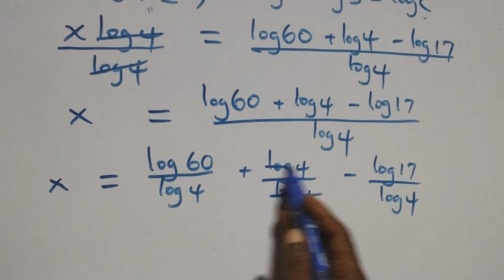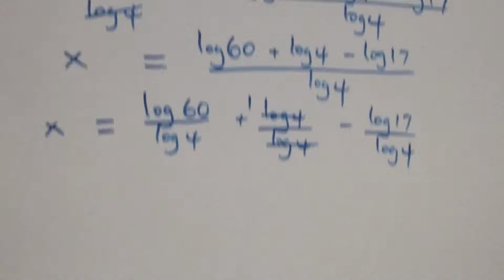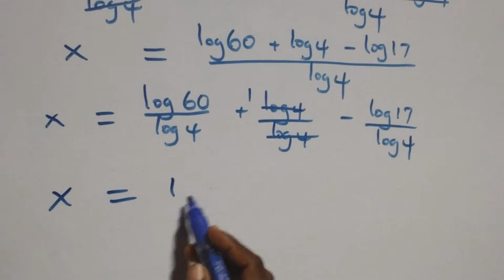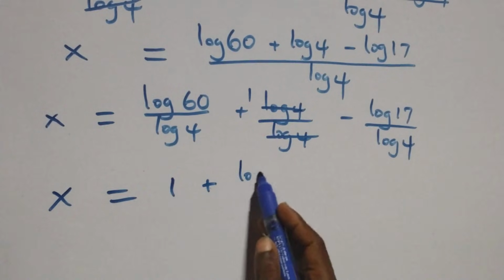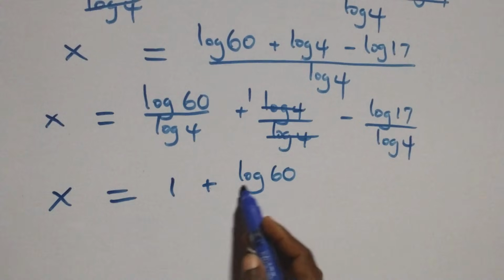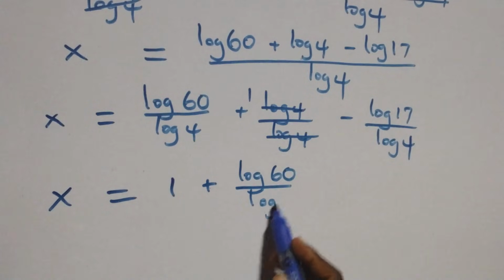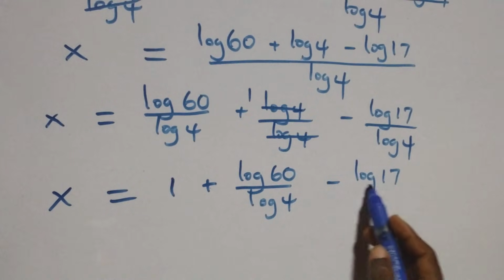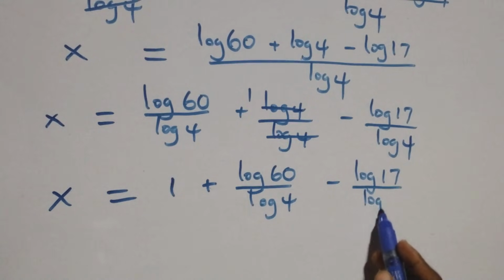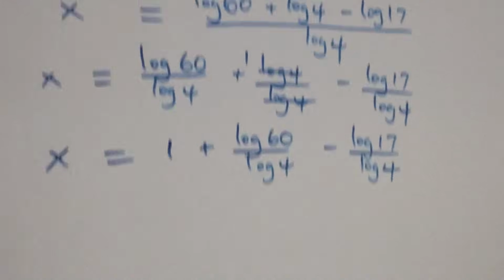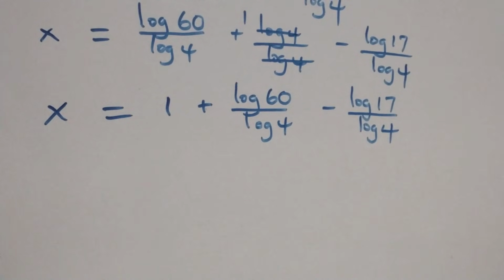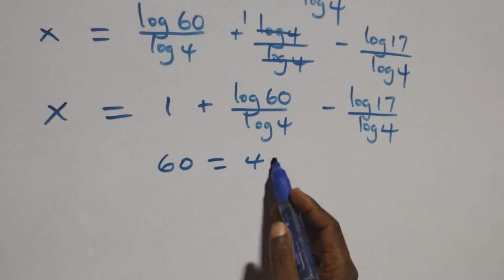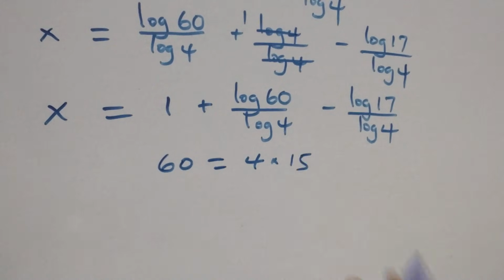And here, log 4 cancelled each other, one left here, which implies x equals, I can write this first as 1 plus log 60 over log 4 minus log 17 over log 4. Then next here also, 60 can be expressed as 4 times 15.